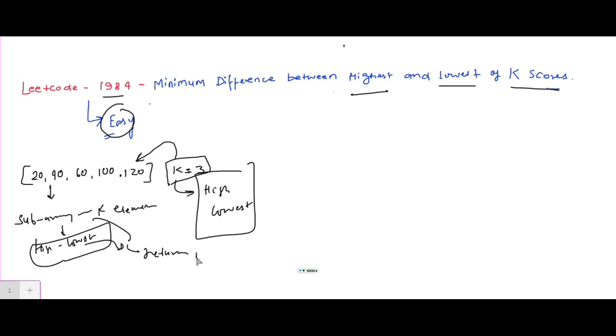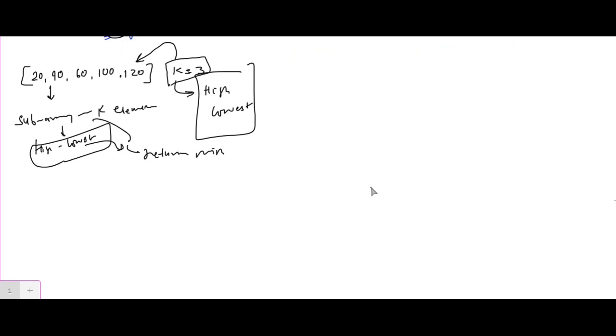Let's take this example first to understand this question in depth. The array is 20, 40, 60, 100, and 120, and let's say our k is 3.